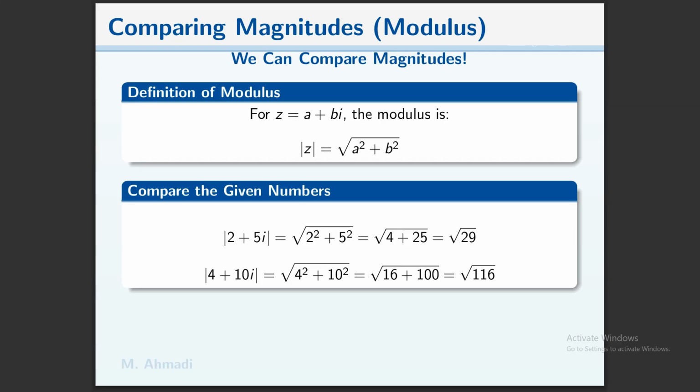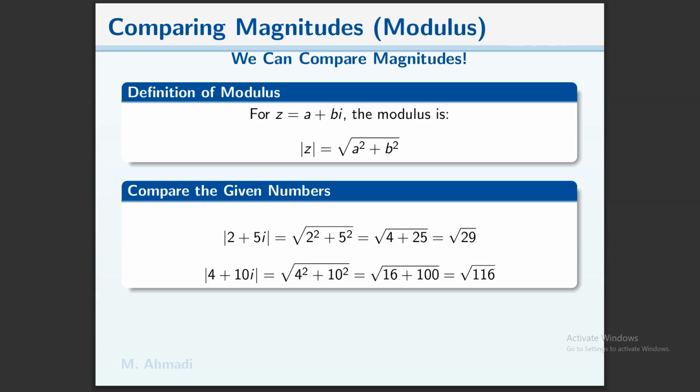Then, for the given numbers, the absolute value of 2 plus 5i equals the square root of 2 squared plus 5 squared, which equals the square root of 4 plus 25, which equals the square root of 29.